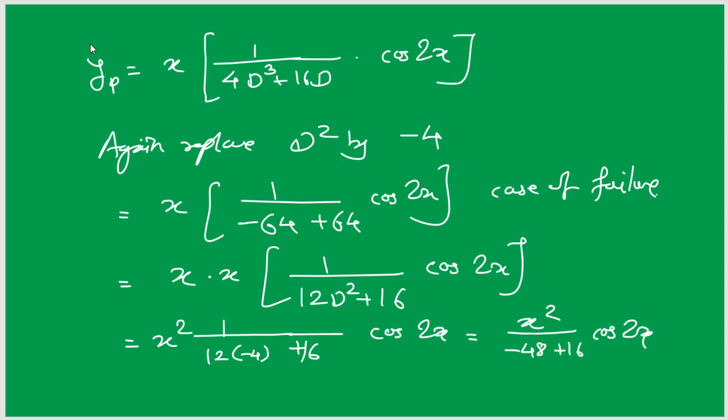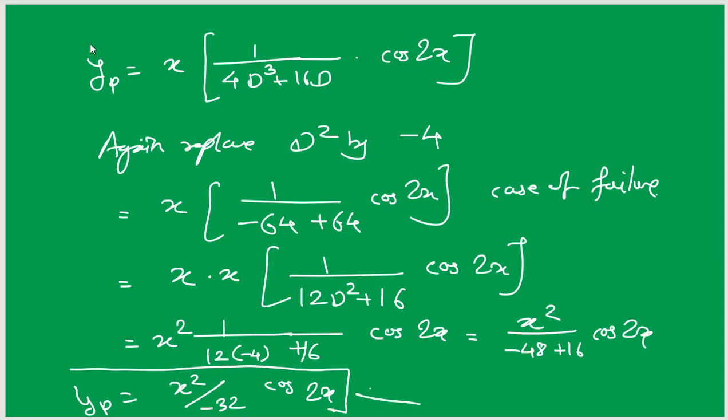Okay, so therefore yp is x² upon -32 cos of 2x. Here we had two cases of failure, so therefore we got this x² here.